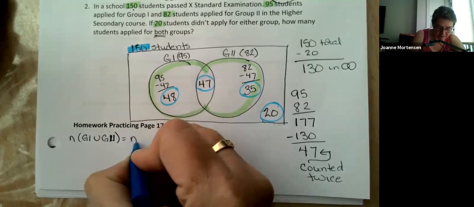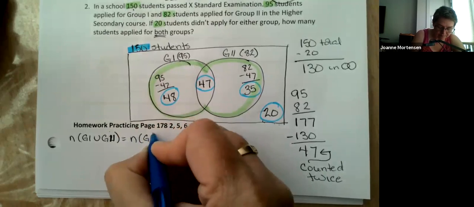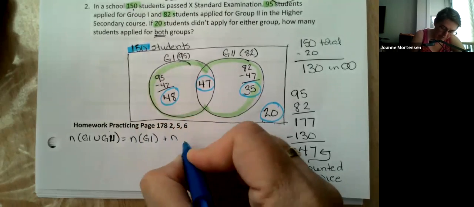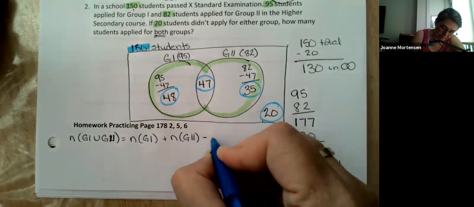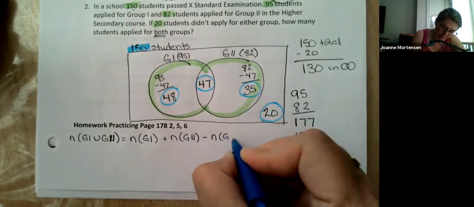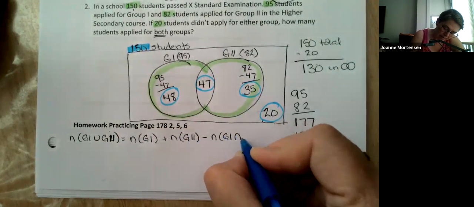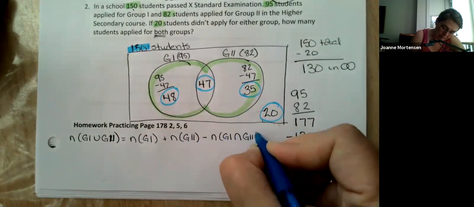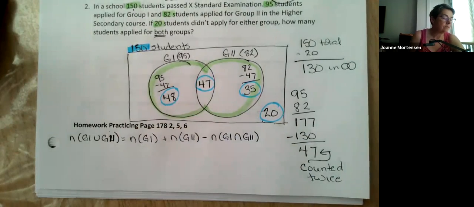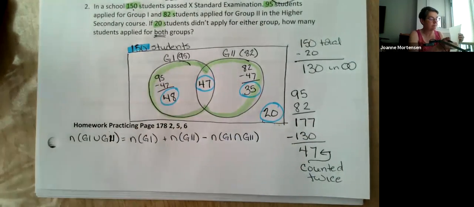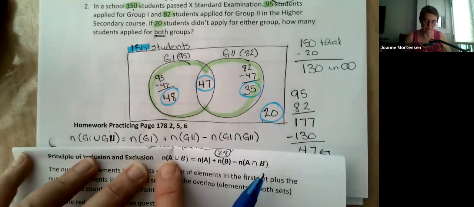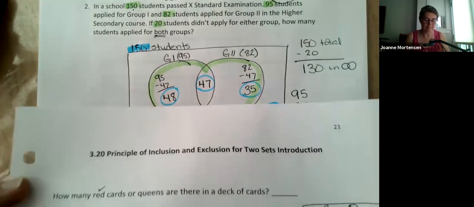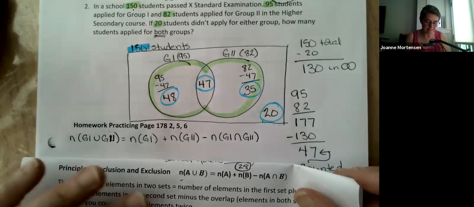Number in G1 or G2 is equal to the number in G1 plus the number in G2 minus the number in G1 and G2. So again, I am using this formula from lesson 320.